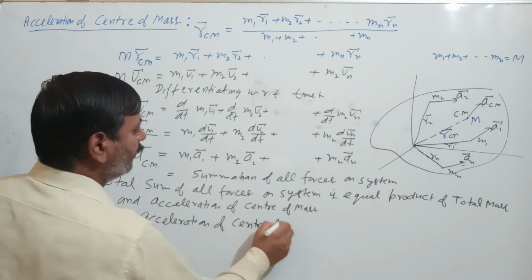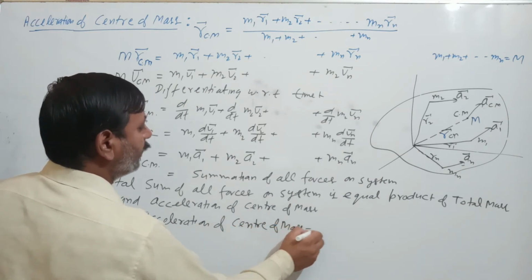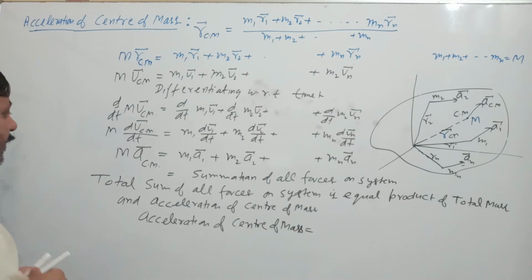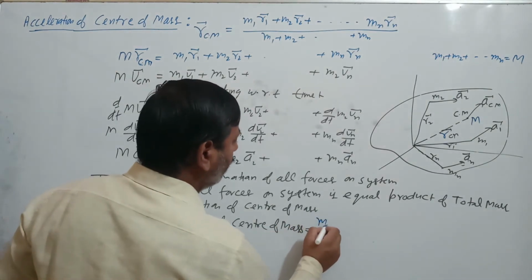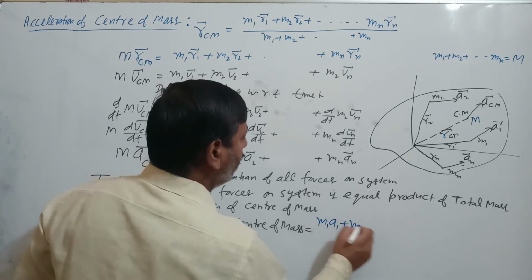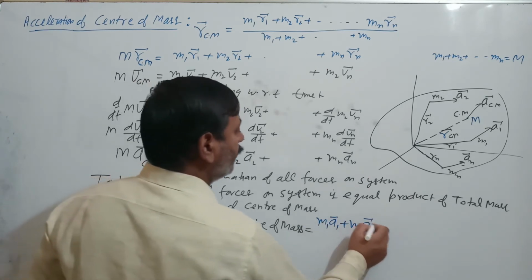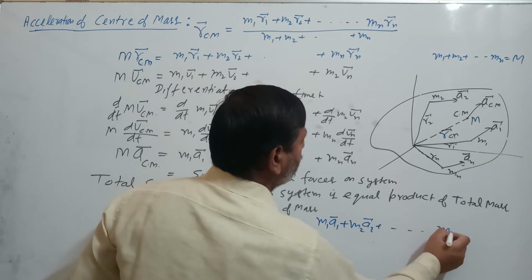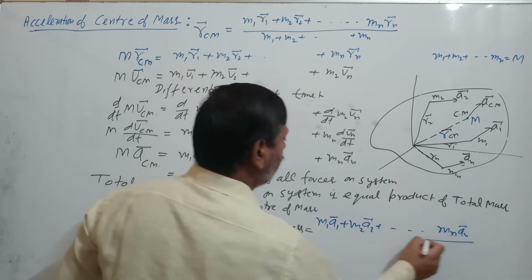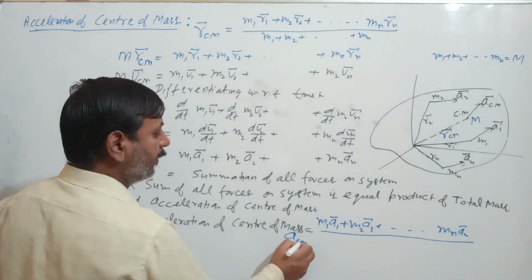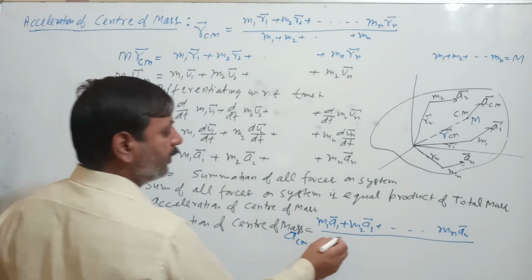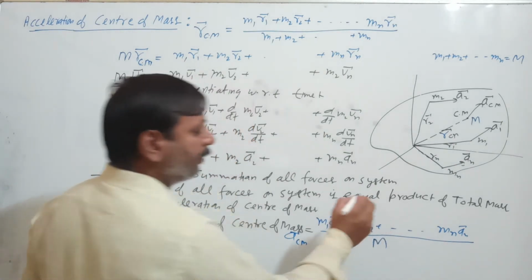center of mass. So from here we can see we have taken this side, m1a1 plus m2a2 plus mnan divided by, this is the acceleration of center of mass, total mass m.